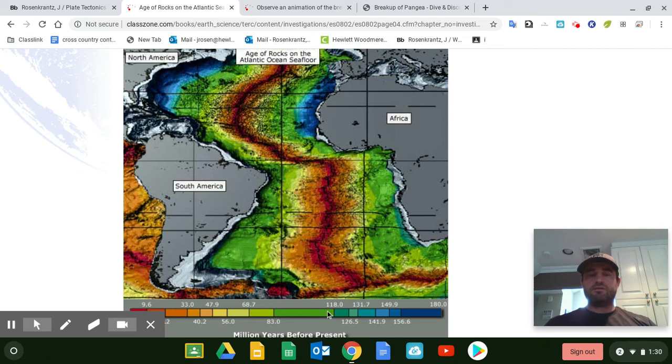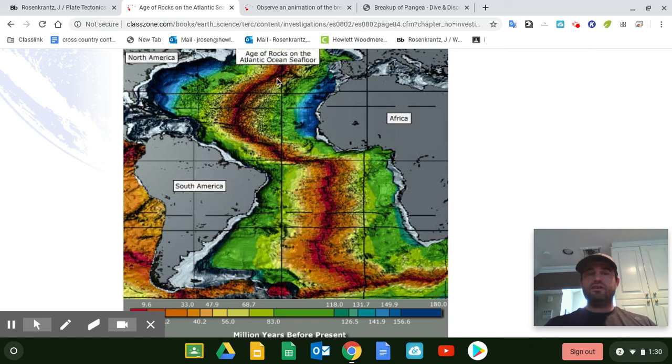So these rocks are about 100 to 120 million years old. See right here? You see those colors? That means that North America broke apart from Africa about 80 million years before South America broke apart from Africa, which helps explain why North America is so much further away from Africa than South America.